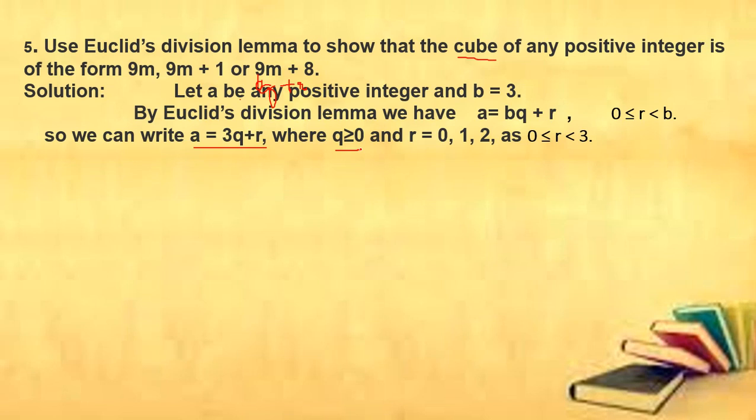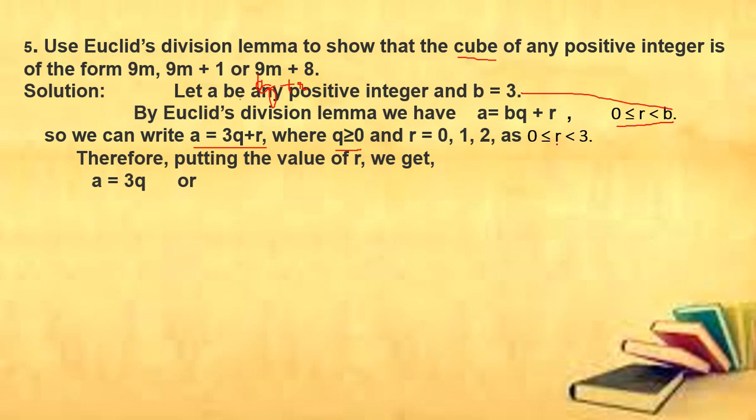Now let's talk about the possible remainders. As we have written, remainder r is greater than or equal to 0 but less than b, and the value of b is 3. So the possible remainders are 0, 1, 2. Why not including 3?